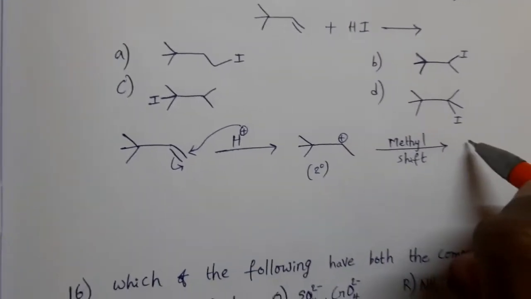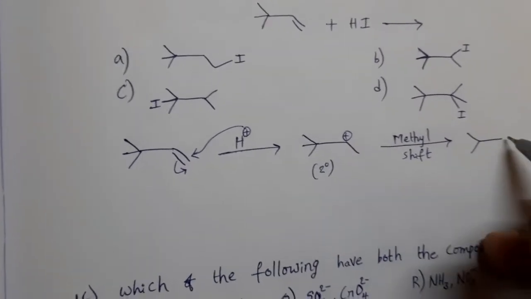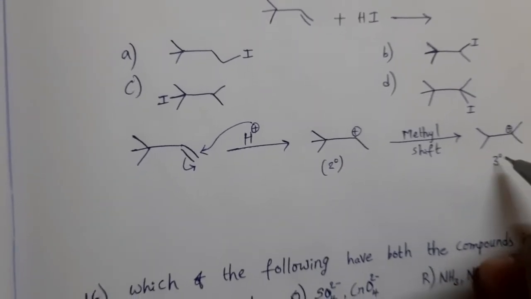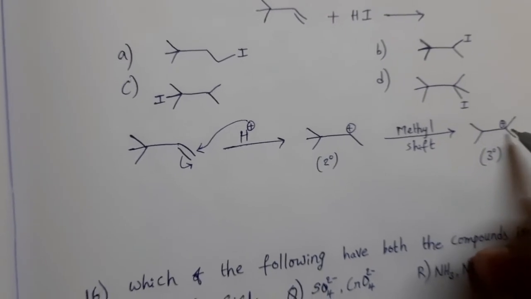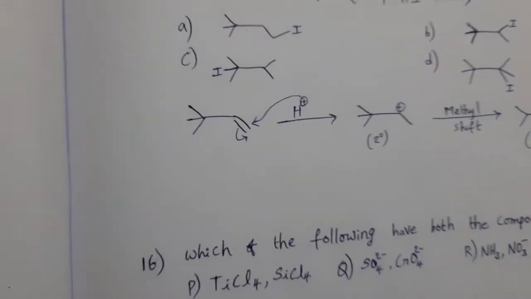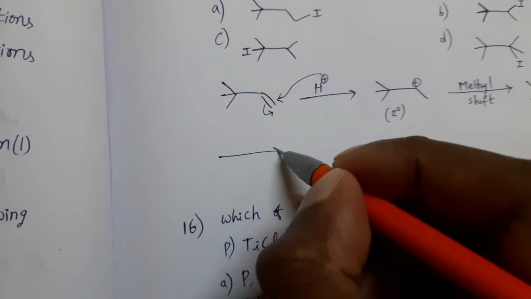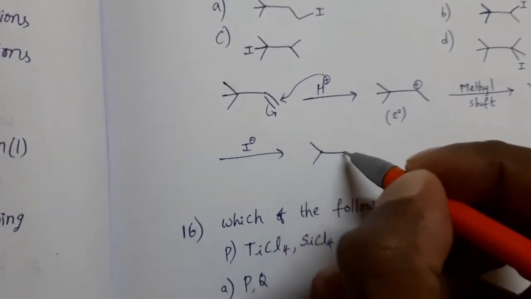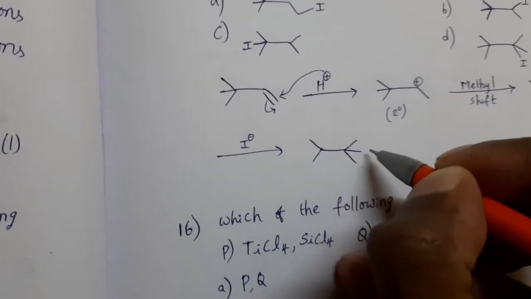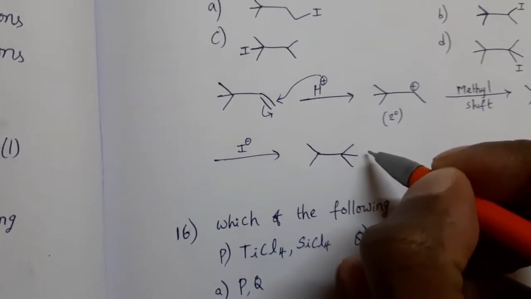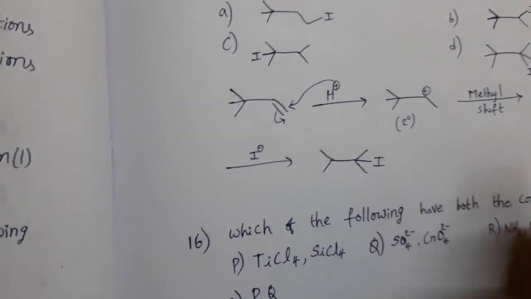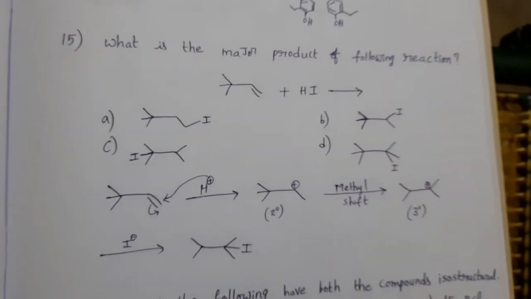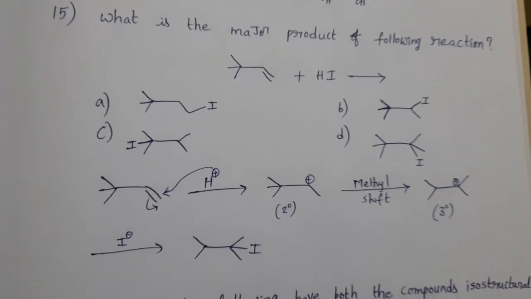Then we get a tertiary carbocation. Now this carbocation is attacked by I minus. Then we get this one. So this is the product. What is the suitable option for this question? Option C is the suitable option.